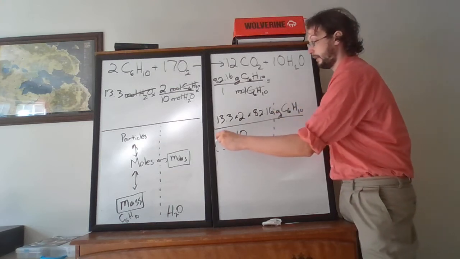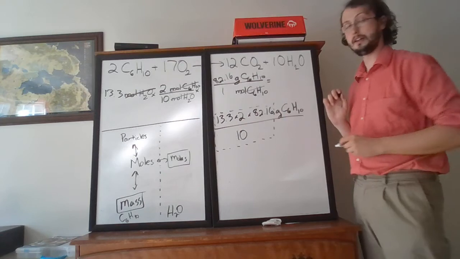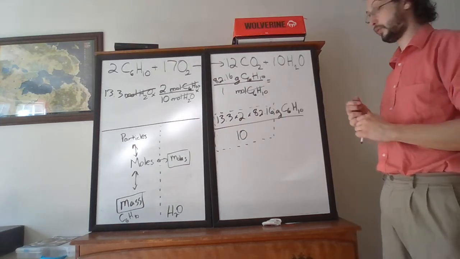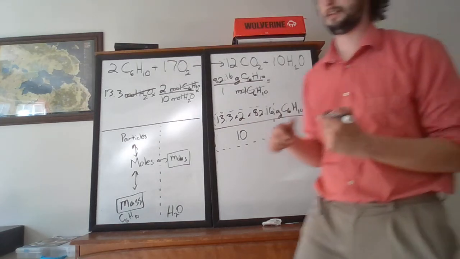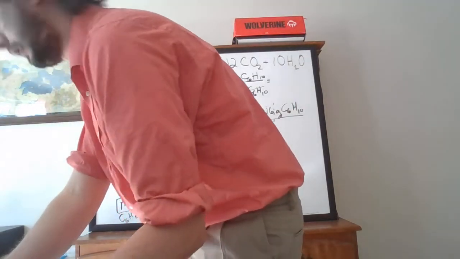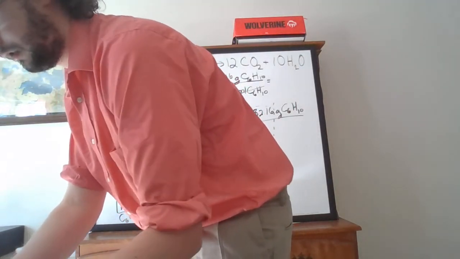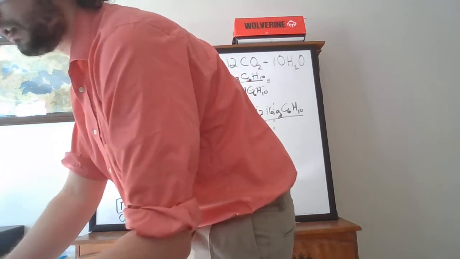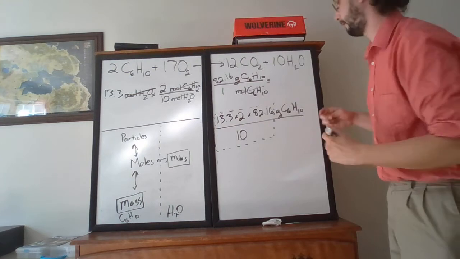We're going to put that into our calculator: 13.3 times 2 times 82.16 divided by 10. And you should get 218.55.